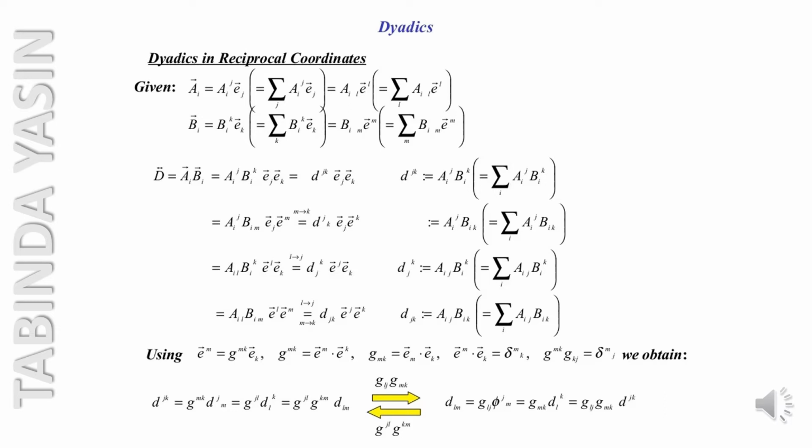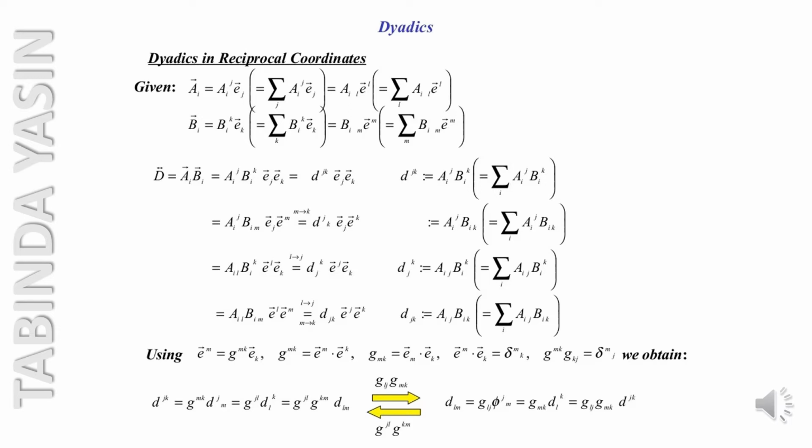Similarly for bi, that is bik ek, the summation over k of bik ek, and that is equal to bi em, that is summation over m of bi em.